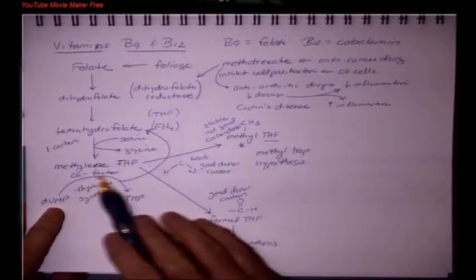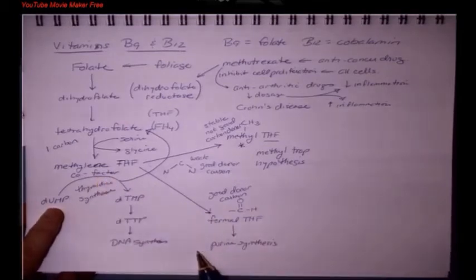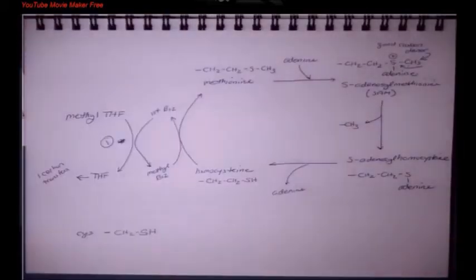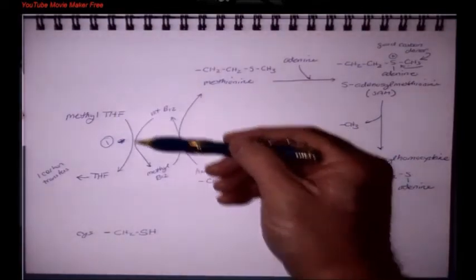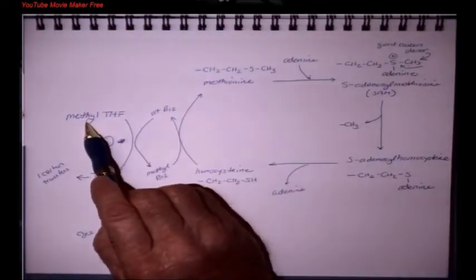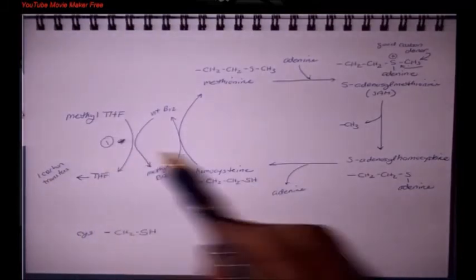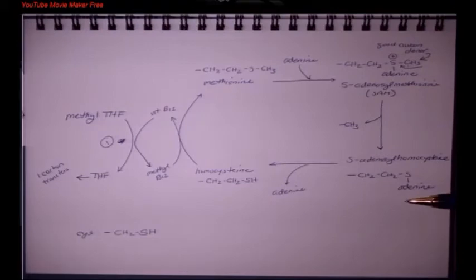So we are going to have DNA synthesis problems because we're not going to be able to generate our bases for DNA synthesis. Eventually, with a folate deficiency, by just normal excretion of the tetrahydrofolate product, we will now be deficient in methyl formation. And we'll be deficient in transferring that methyl group into SAM so that we can perform all of these important methylation reactions.